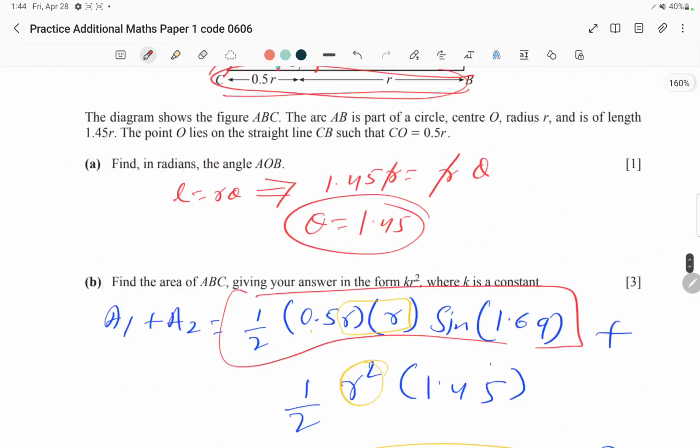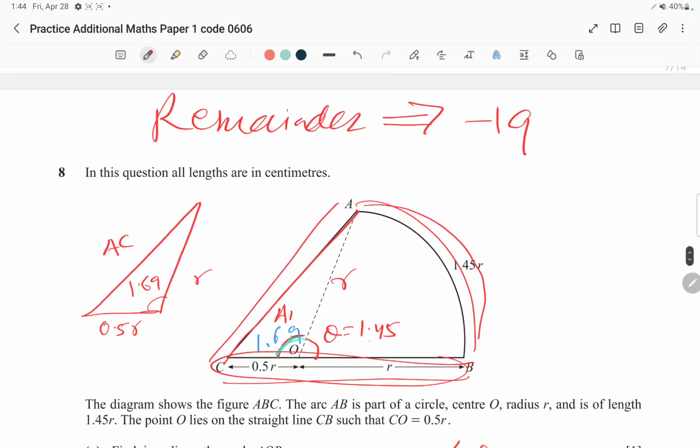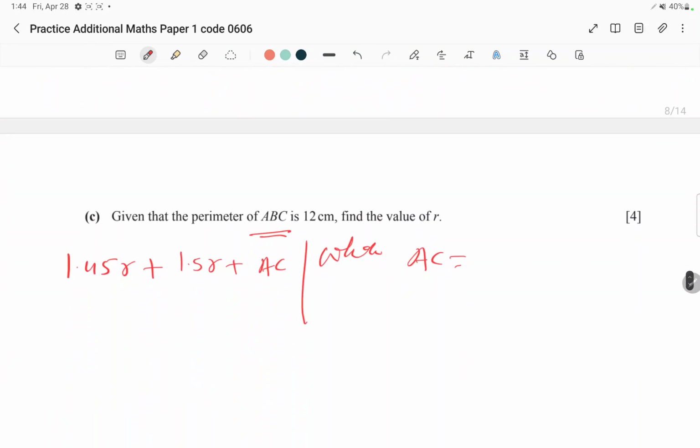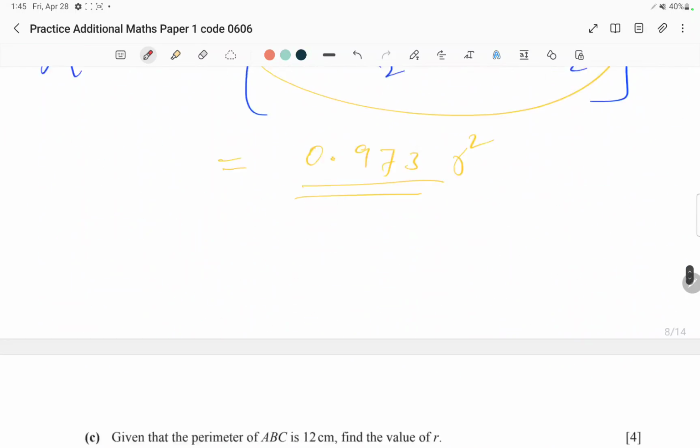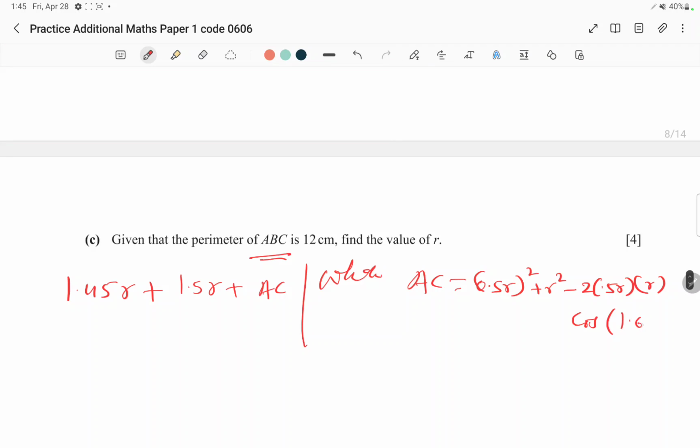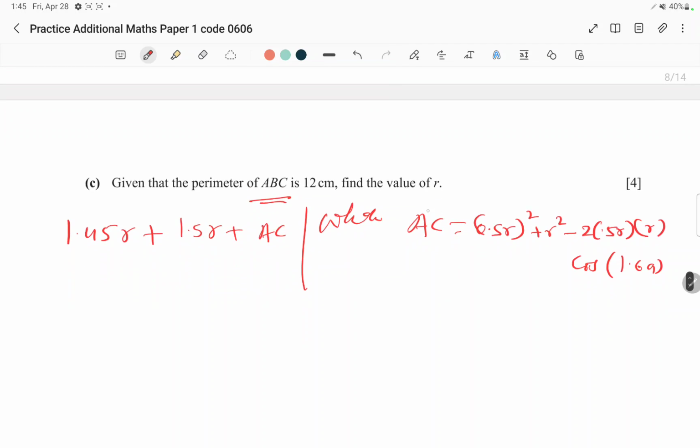So AC square is 0.5 R square and R square, minus 2 times 0.5 R, then R, then cos of 1.69.